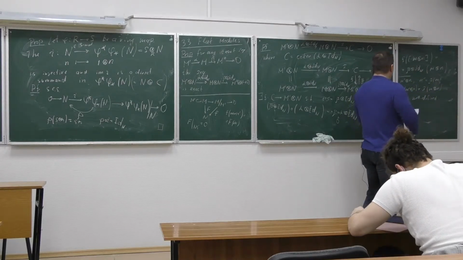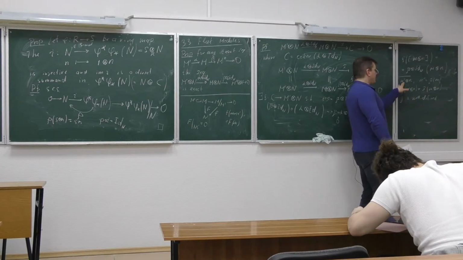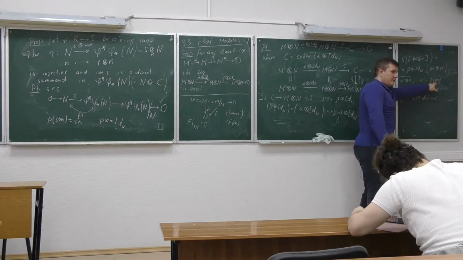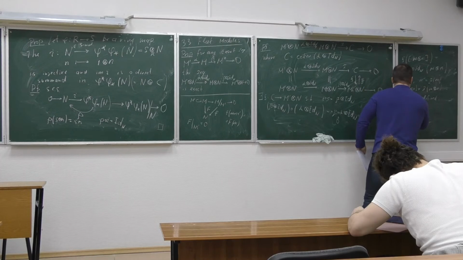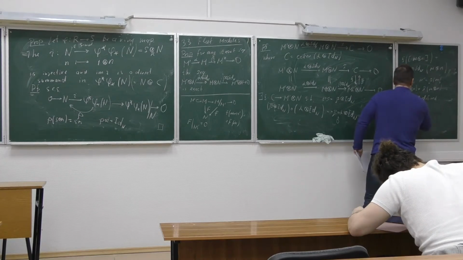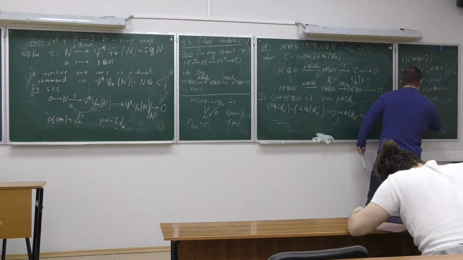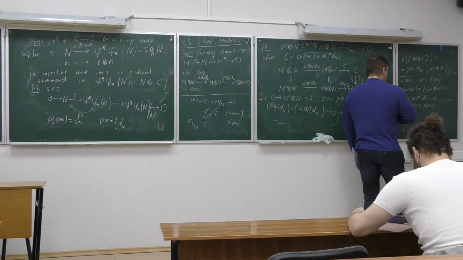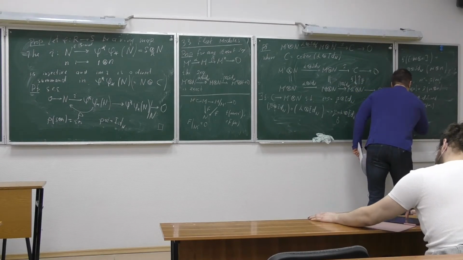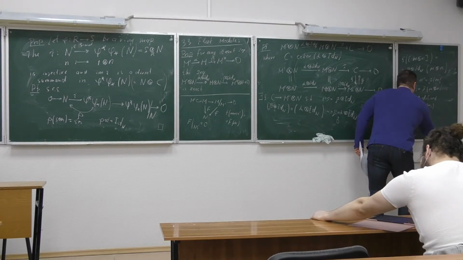What's the problem? The problem is that for this M double prime, I can choose different M's that satisfy this condition. But if I say that M double prime is beta of M1 and also beta of M2, at least I know that if I apply beta to the difference, I'll get 0.